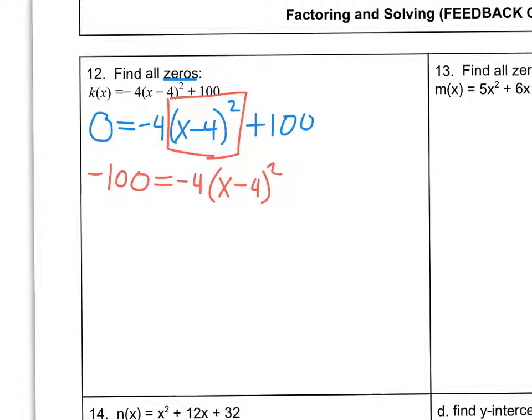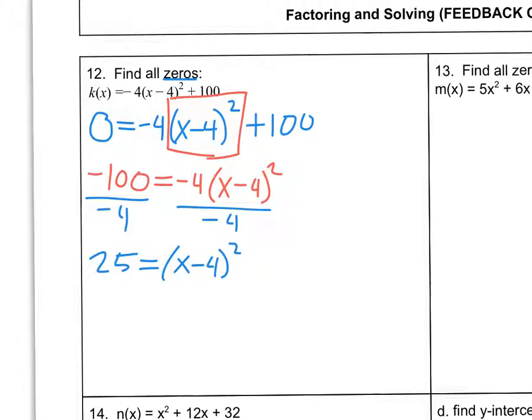And when we then divide by -4, we get 25 is equal to (x minus 4) quantity squared. We know to get rid of a square, we take a square root. This comes to our second similarity with absolute value equations. We're going to have a positive version of our answer: 5 is equal to x minus 4.